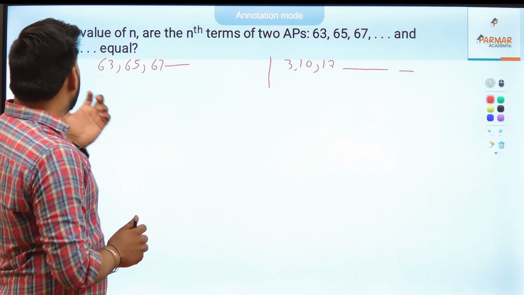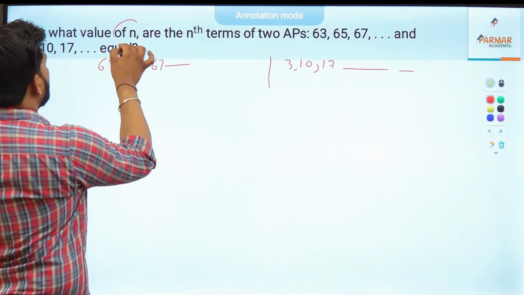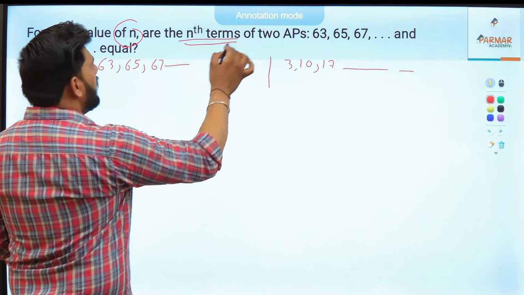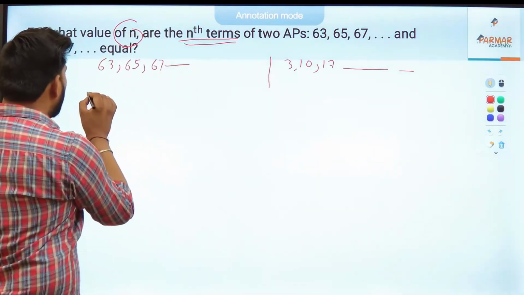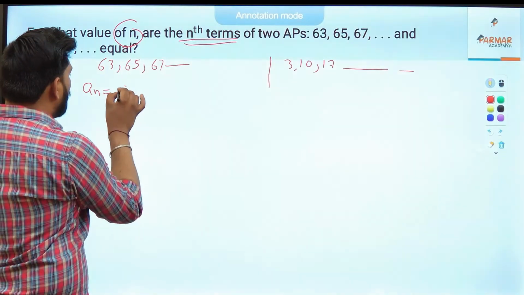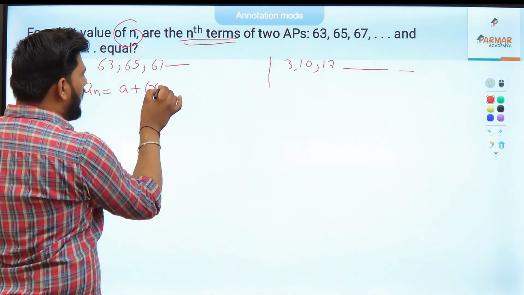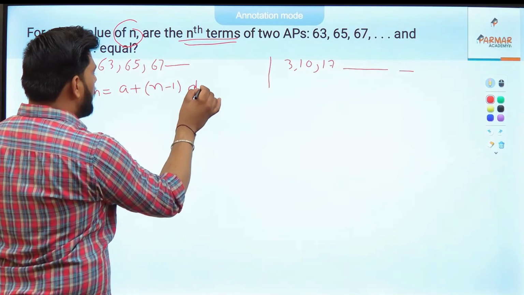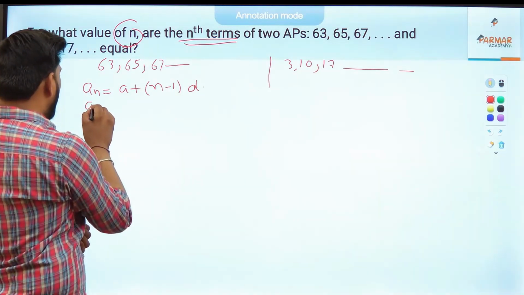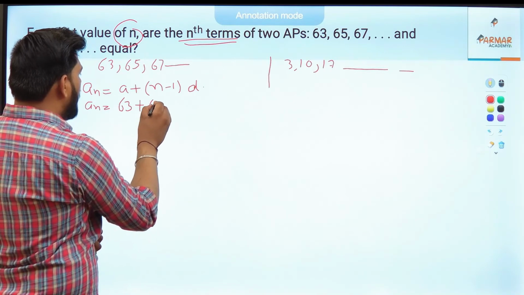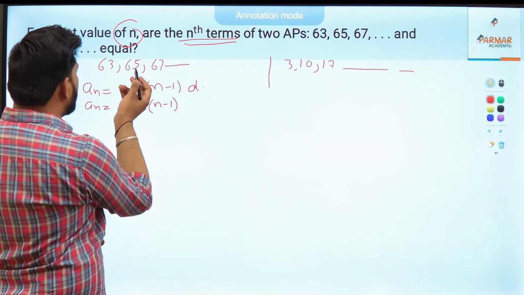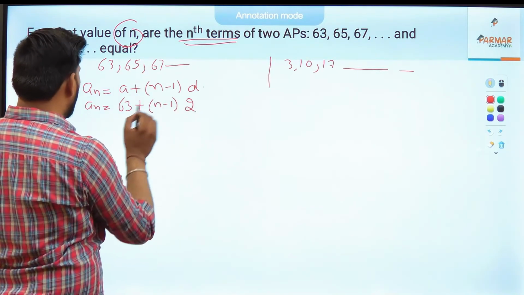So for what value of N are the nth terms equal? Let the nth terms be equal. So AN is equal to A plus N minus 1 D. AN is equal to A, that is first term 63, plus N minus 1 D, that is 65 minus 63, that is 2.